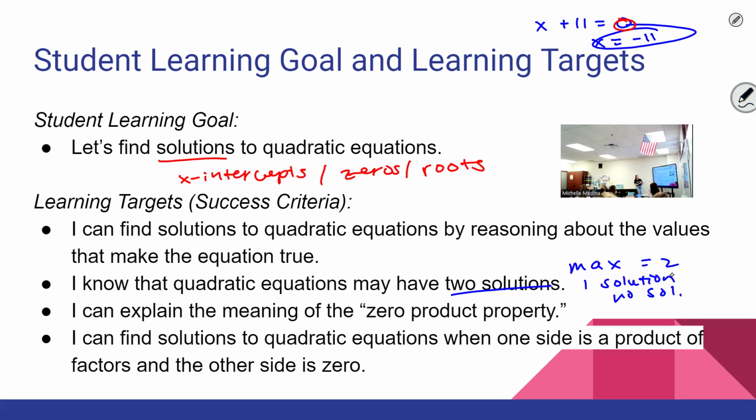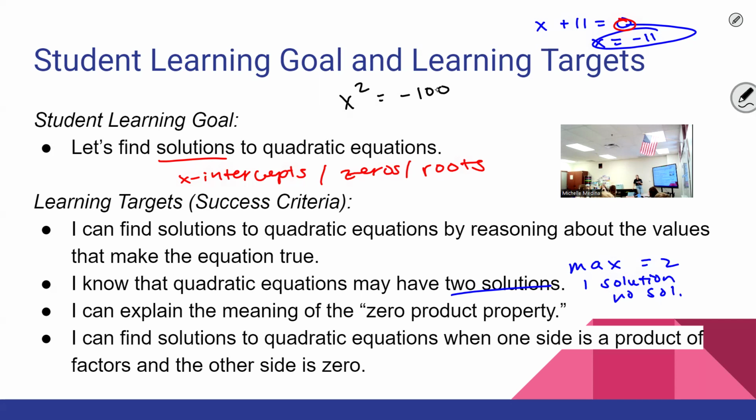But here's an example. Say I have x squared equals -64. Wait, is 64 a perfect square? I can't remember. Let me pick a different number. Let's do 100. x squared equals -100. Can you think of any number that you can square to get a -100?